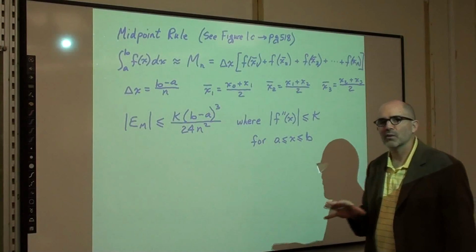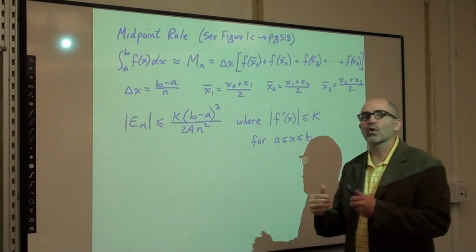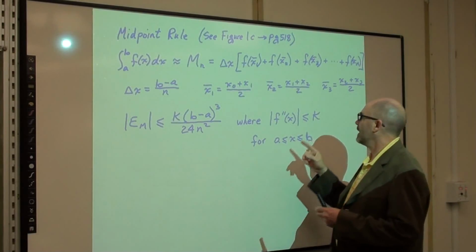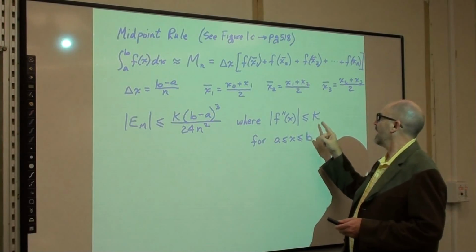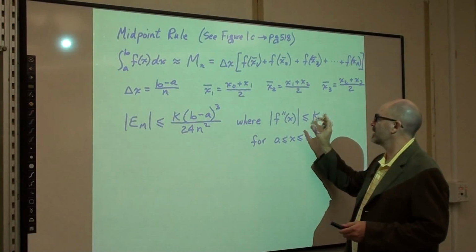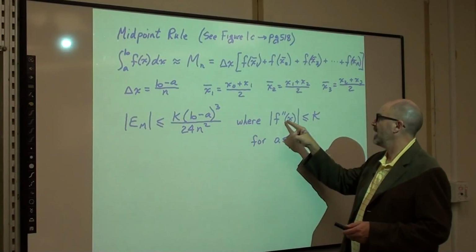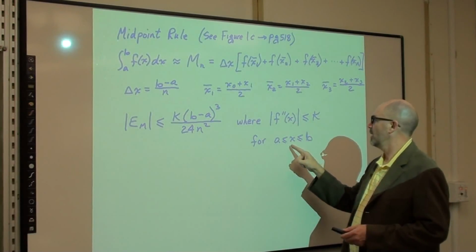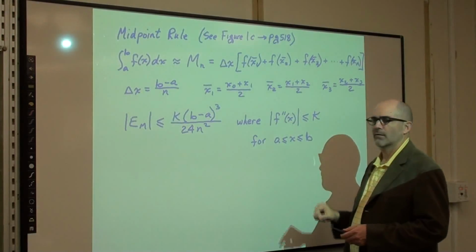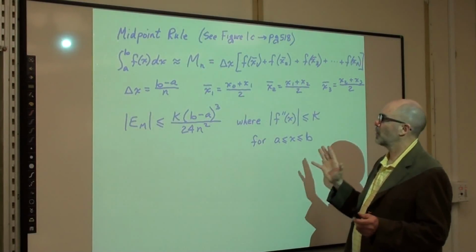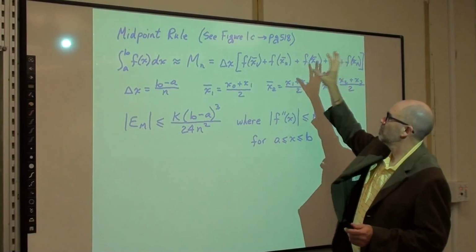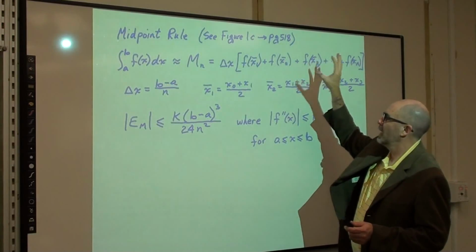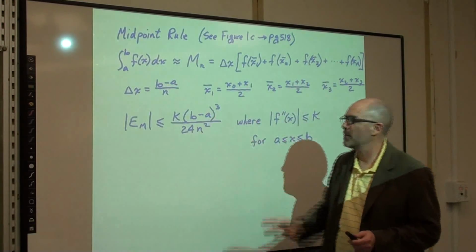The k value is a value that we're going to choose, and the only thing is the k value has to be at least as great as the value of the second derivative of the function between a and b. That's it. So this is the midpoint rule. This is the error of the midpoint.